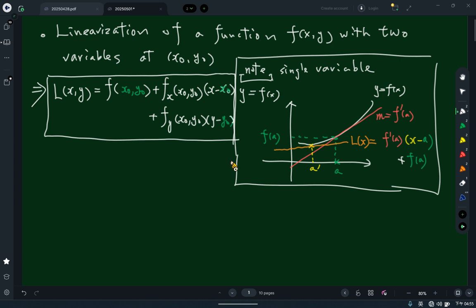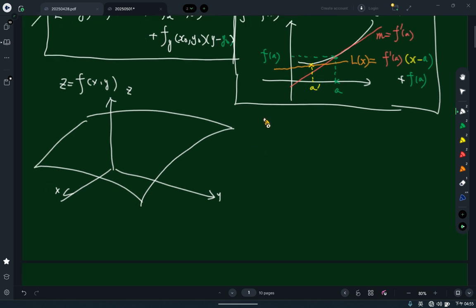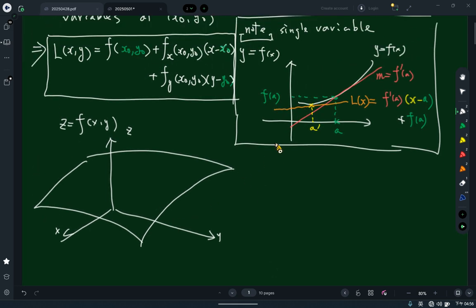And the second point, if you want to visualize it, it will be just like that. If y is equal to f of (s, y), z is equal to f of (s, y). So when I give you z is equal to f of (s, y), you can construct its surface, right? So the surface will be like this one. I just want you to have some comparison between this one and this one.